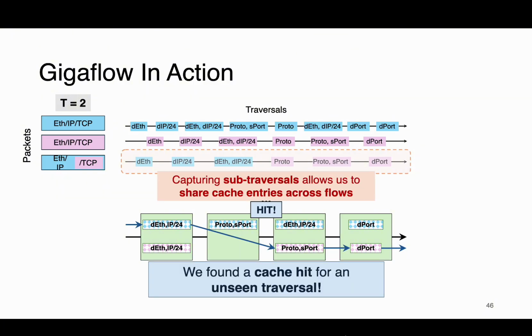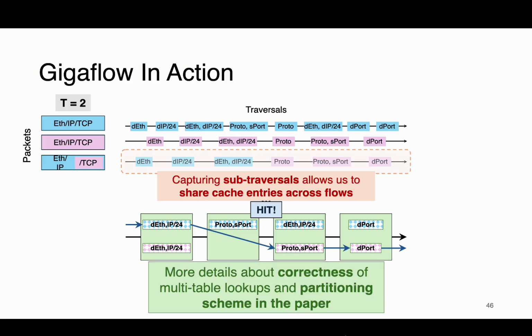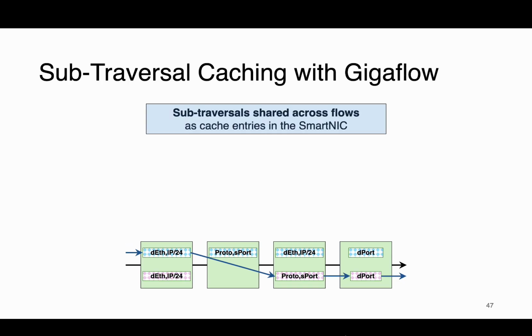This is because these sub-traversals allow us to share cache entries across multiple flows and generate cache hits for unseen traversals. You can read more about the details in the paper about how we ensure correctness and also the sub-partitioning scheme. This multi-table pipeline in the SmartNIC that caches shared sub-traversals as cache entries is called Gigaflow.